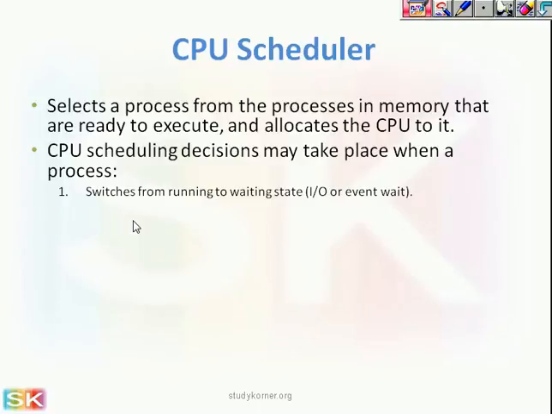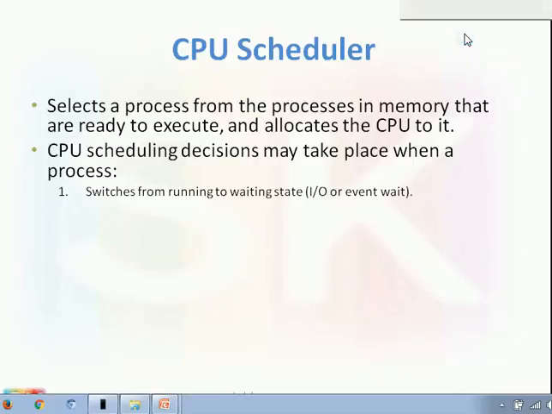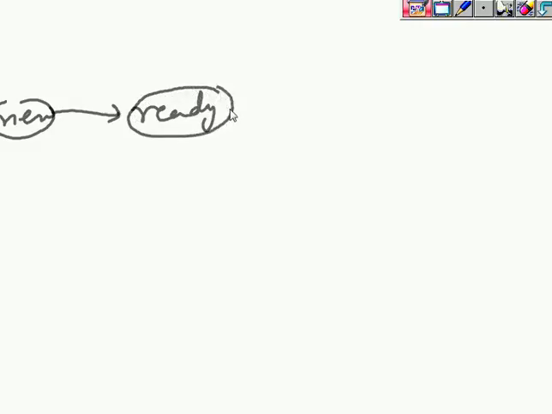If you don't remember the process state diagram, we can have it like this. This is the new state. From new state, it will be submitted to ready state, and from ready state, a process will go to running state.